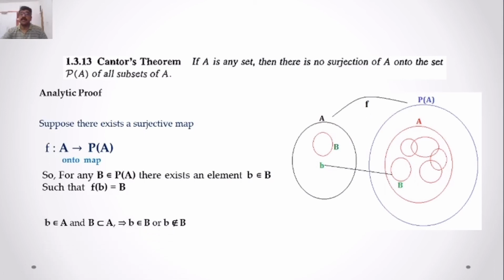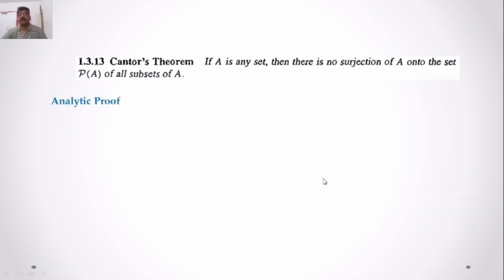Now this b is an element of A and capital B is a subset of A. Therefore, b may be an element of capital B or may not be an element of B.